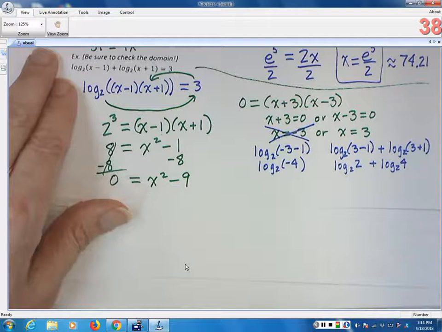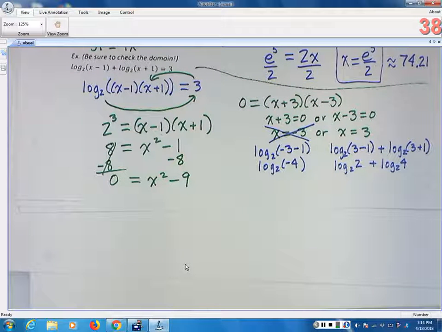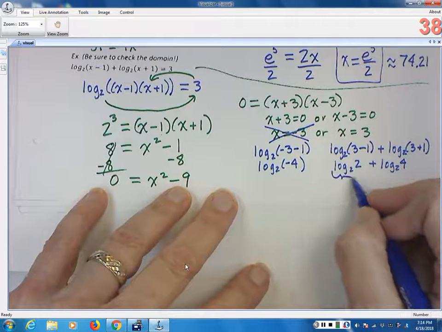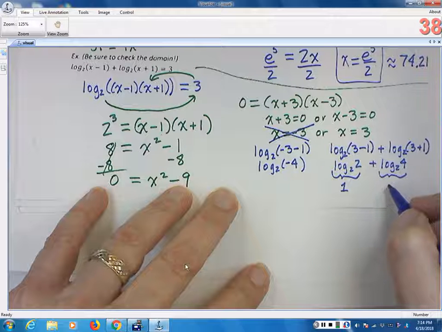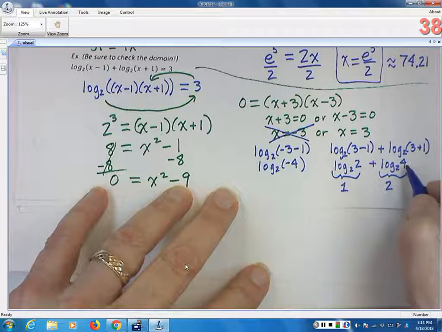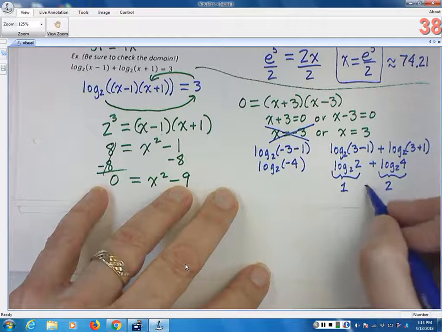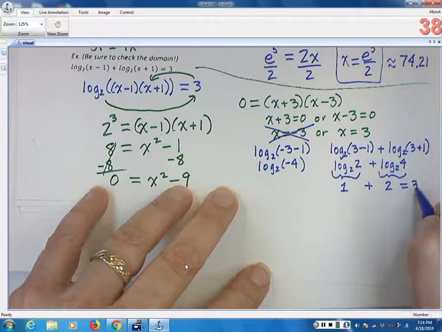And you could check that. What does this equal? That equals 1. What does this one equal? It's 2, because 4 can be written as 2 squared. And 1 plus 2 does equal 3.